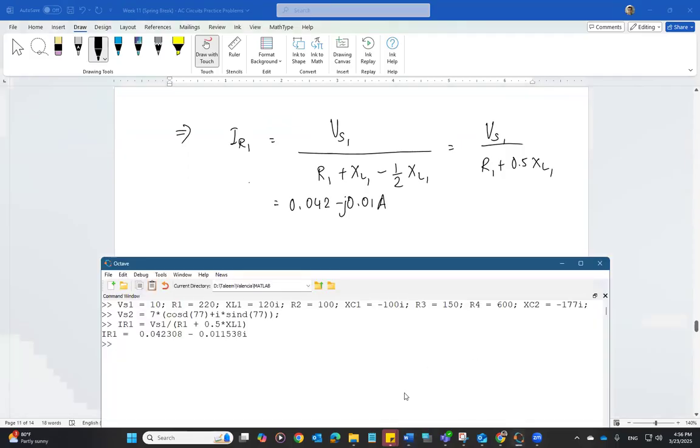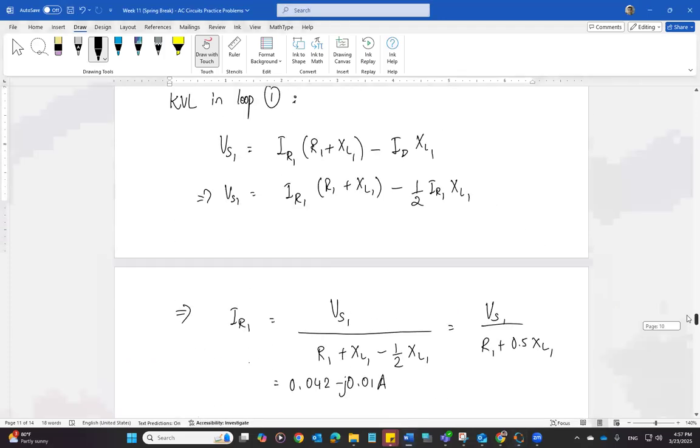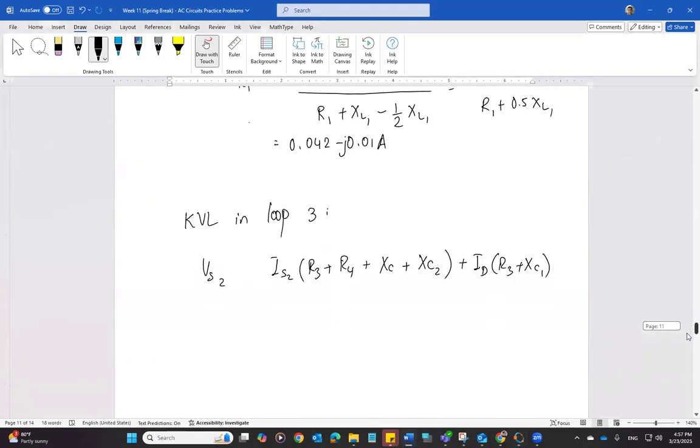Okay, and then my ID is 0.5 times IR1, so I'll keep that here, right? ID is half IR1.